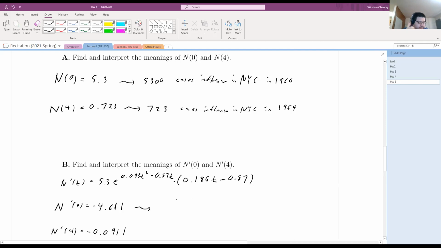This is saying something about the rate of change of the number of cases.